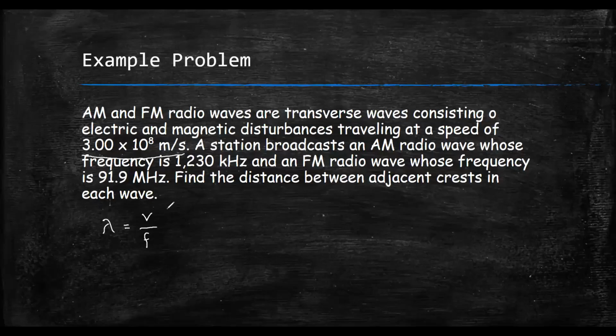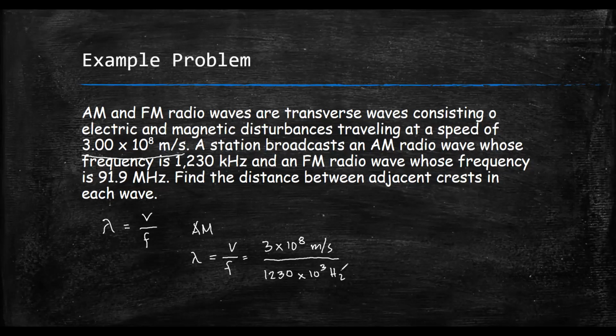To solve for the wavelength for AM radio waves, we use the formula: lambda, or wavelength, is equal to velocity over frequency, wherein the velocity is 3 times 10 raised to 8 meters per second and the frequency is 1230 kilo, which means times 10 raised to 3 hertz, where hertz is equal to s raised to negative 1, so we can cancel the unit for time.